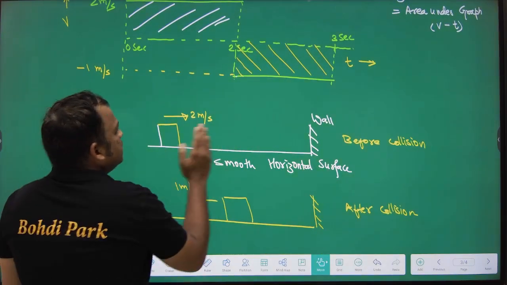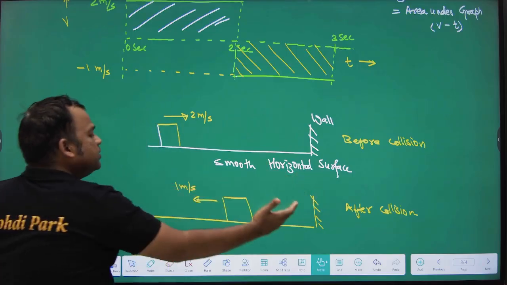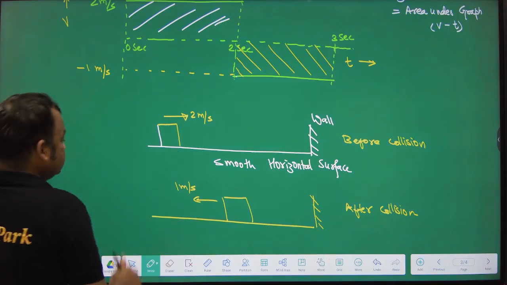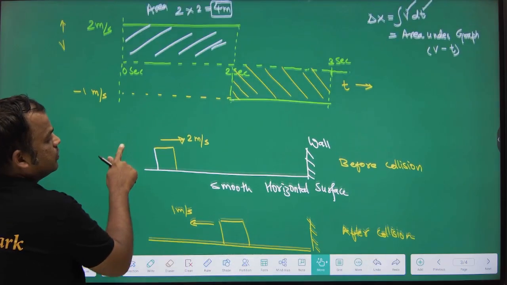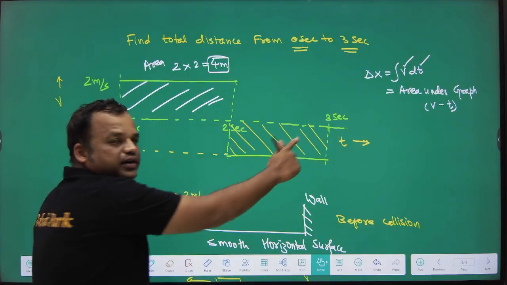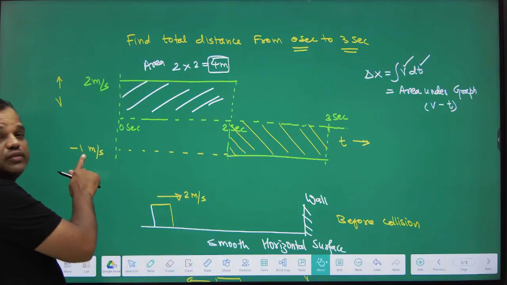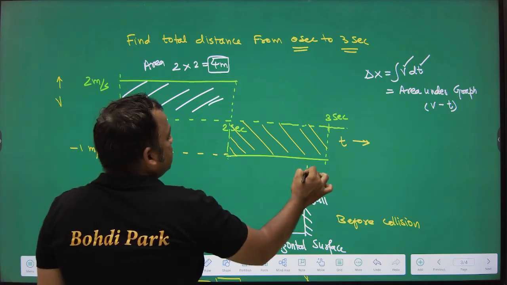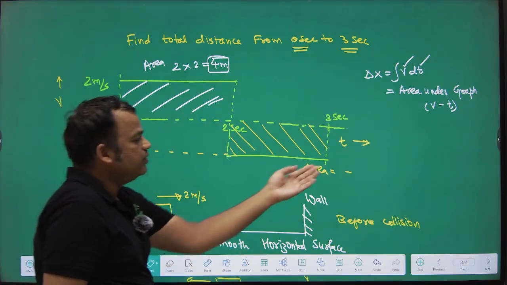So before hitting the wall, the displacement is positive, and after rebound, the displacement is negative because velocity is negative. So 2 to 3 second, we are observing its leftward motion. It is going with constant velocity of -1 meter per second. So this area will be a minus because this area is negative. So we will put minus sign.